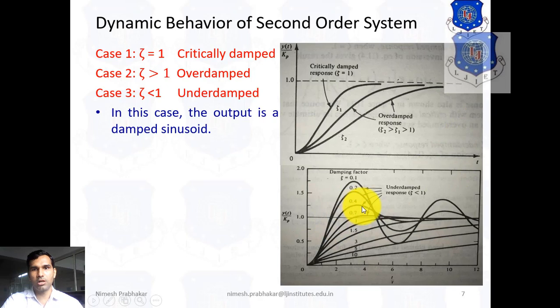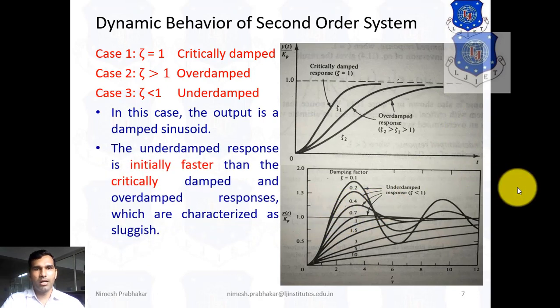The underdamped response is initially faster than the critically damped and overdamped responses, which are characterized as sluggish. Here we compare the underdamped and overdamped responses.